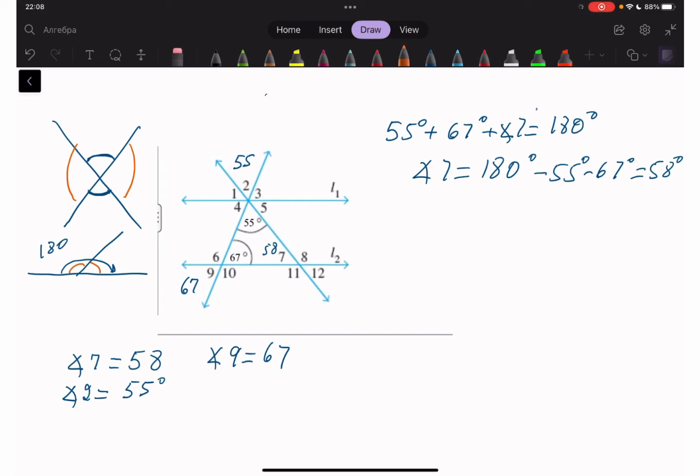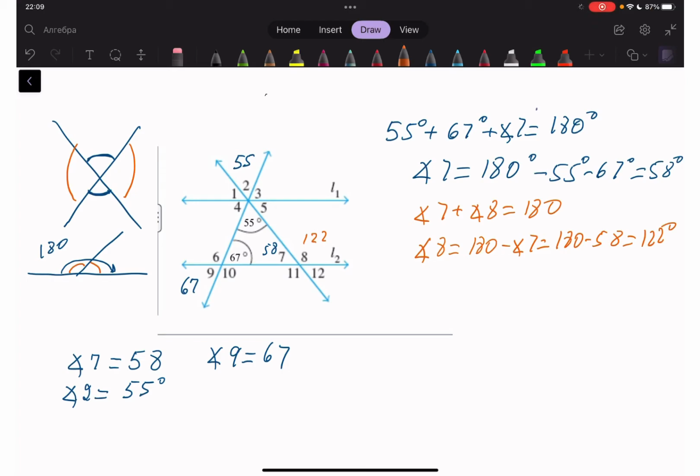Now we have angles 7 and 8 creating 180 degrees, correct? So let's write down angle 7 plus angle 8 creates 180 degrees, which means angle 8 is equal 180 minus angle 7, which is 180 minus 58, right? 180 minus 58 is going to be equal 122. So this angle 8 is 122 degrees.